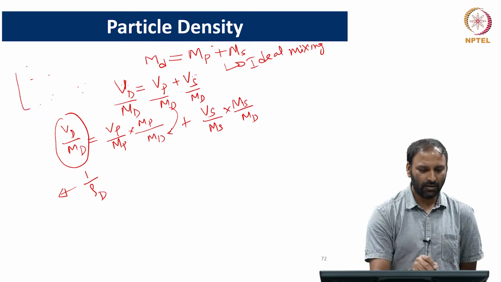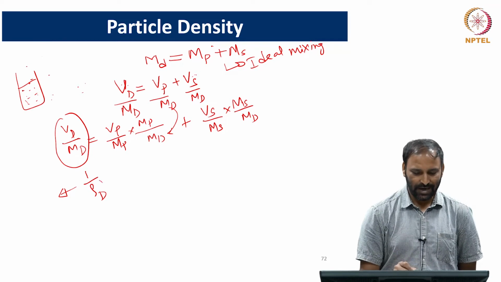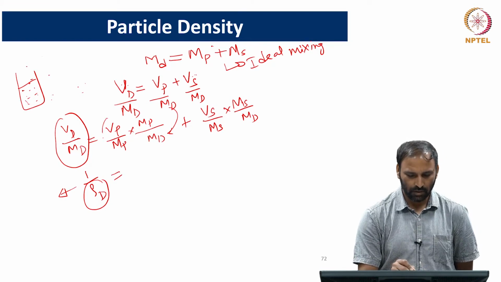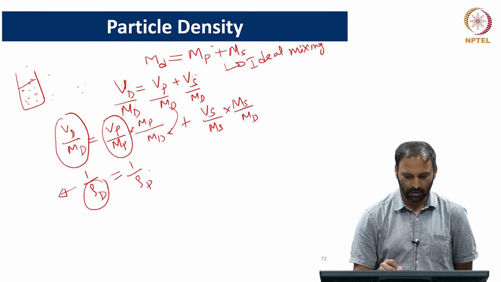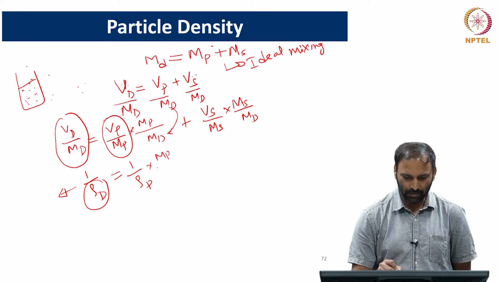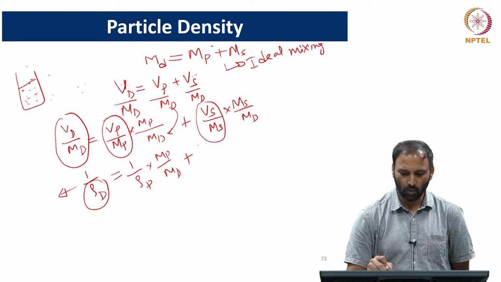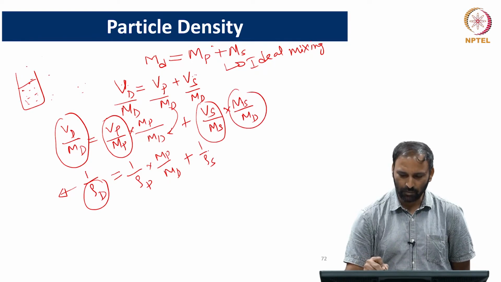If I have a way of measuring the density of the dispersion, then 1 over rho d is equal to 1 over rho of particles multiplied by mp by md, and I am just going to keep it the way it is, plus 1 over rho of solvent multiplied by ms by md.